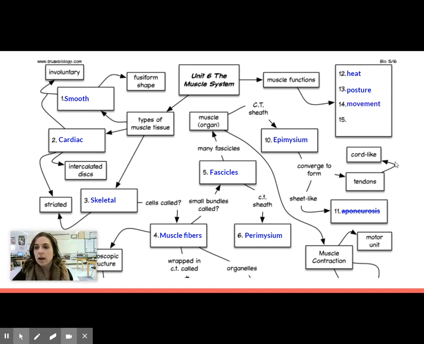And we also have a very important job of keeping our joints stable. And overarchingly, it doesn't matter if you're smooth, cardiac, or skeletal muscle tissue, all of them contract. So I know there's only 4 here, but there's really 5. And contract is just a very general, broad sense.